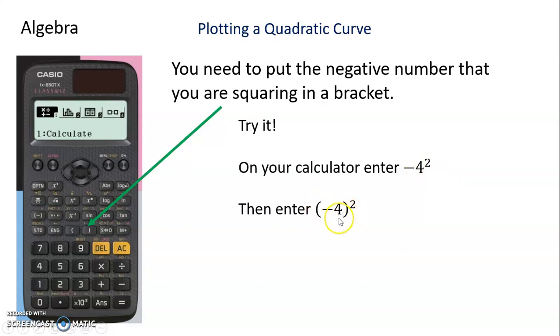Whereas when you put brackets around it, it knows that you're squaring negative 4, not just squaring 4 and then making it negative, which is what it thinks you're doing here. So here it will give you the correct answer. It will tell you that the answer is positive 16. So when you're squaring negatives and you're using a calculator, you have got to be really careful. Use brackets.